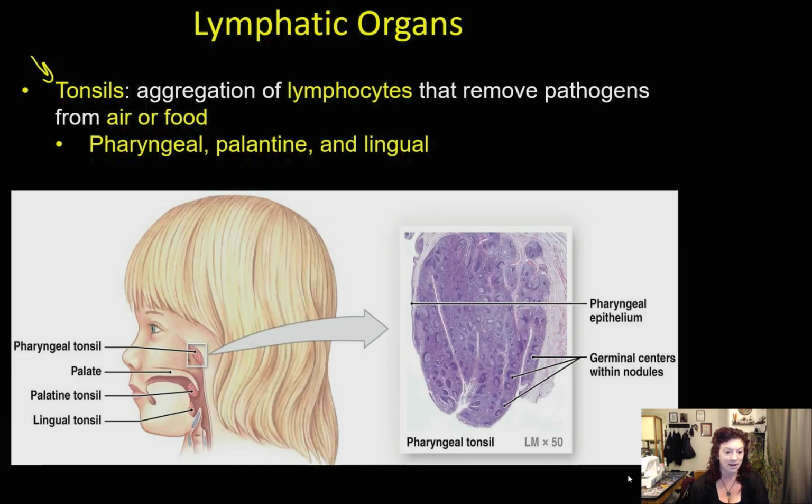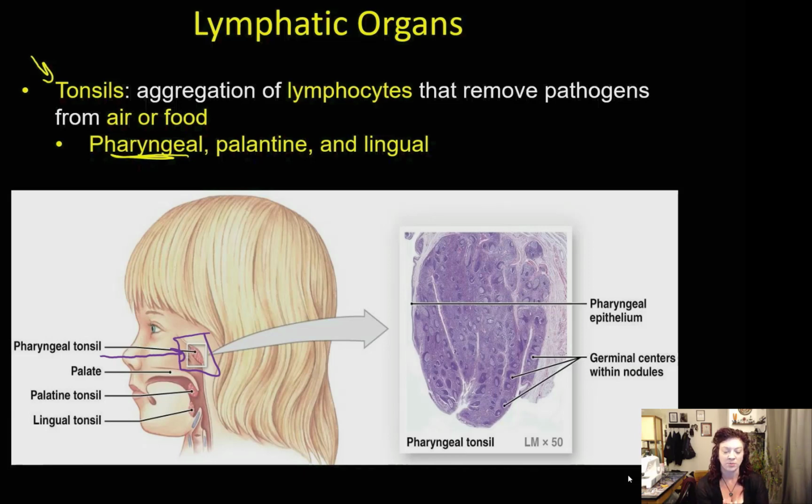The ones that participate most in filtering out pathogens from the air you're inhaling are called the pharyngeal tonsils. They are straight back from the nose. You can see them here in this diagram. Okay. Right there. So directly behind your sinuses, you're going to find these pharyngeal tonsils.